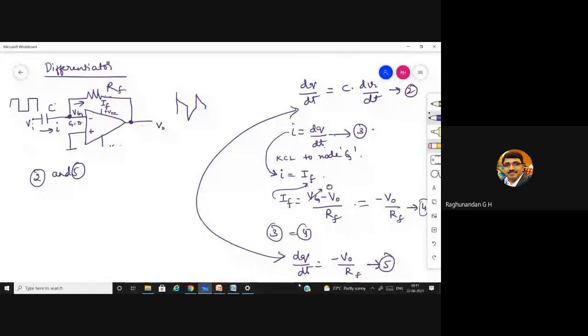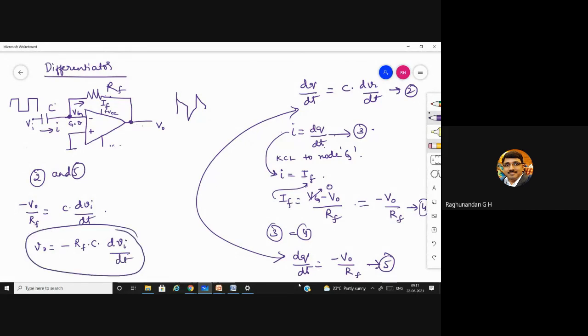When we equate them, we get minus V naught by RF is equal to C into dVi by dt, and we want an equation with respect to V naught. So V naught is equal to minus RF into C into dVi by dt. This is the equation for the differentiator.